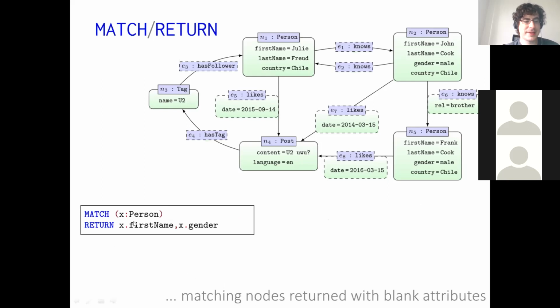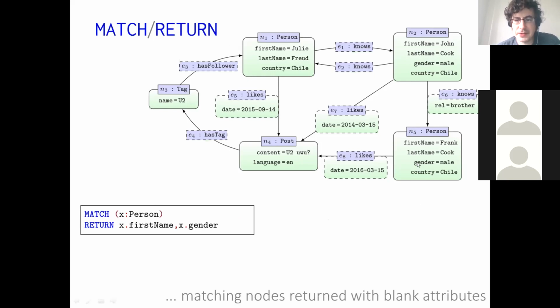You might be asking, what if we match something and then return something it doesn't have? Let's match persons, nodes with label person, and return their first name and their gender. We see that the match clause gives us N1, N2, and N5, which have the label person. Then we return first name and gender.